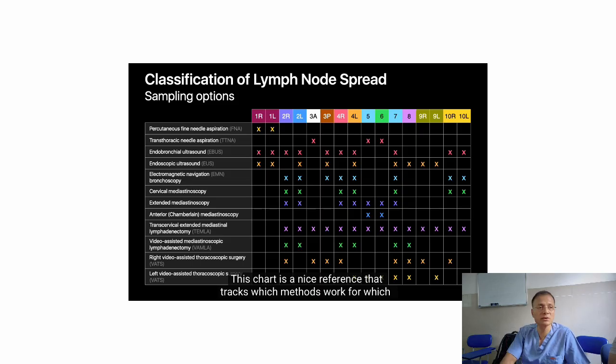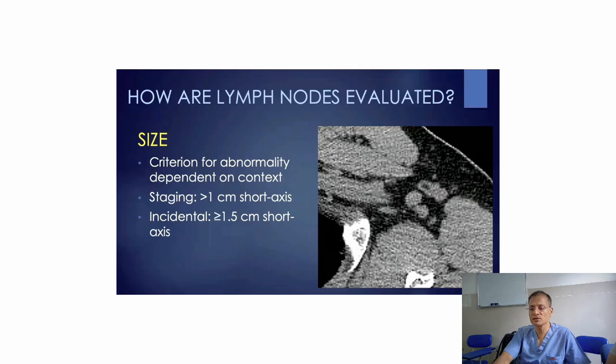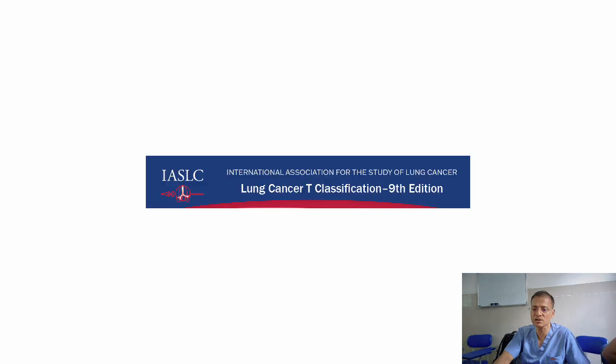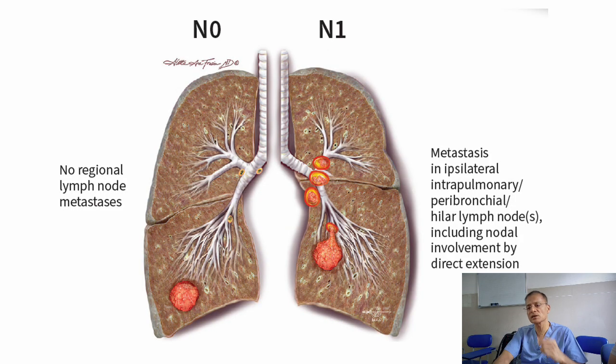Do you use EBUS or EUS or VATS or a mediastinoscopic procedure? Which lymph node station groups can you sample by any particular diagnostic tool? This I have told already. So define the fat density, homogeneous, hypervascular, necrotic, etc. So now this is the 9th edition classification.